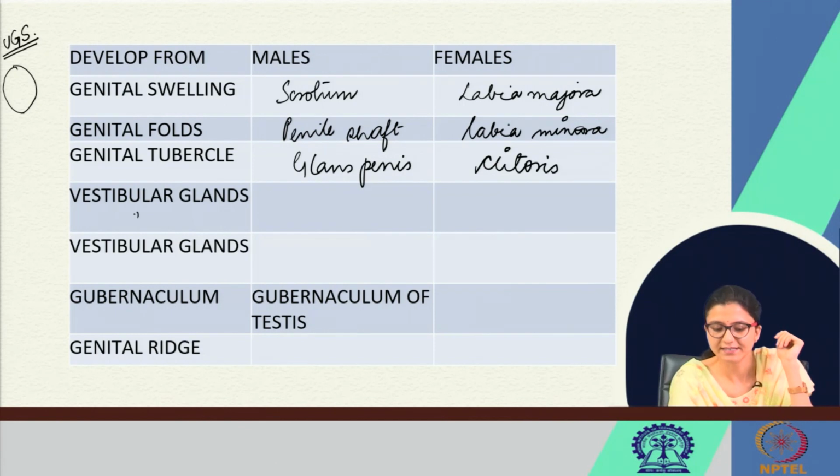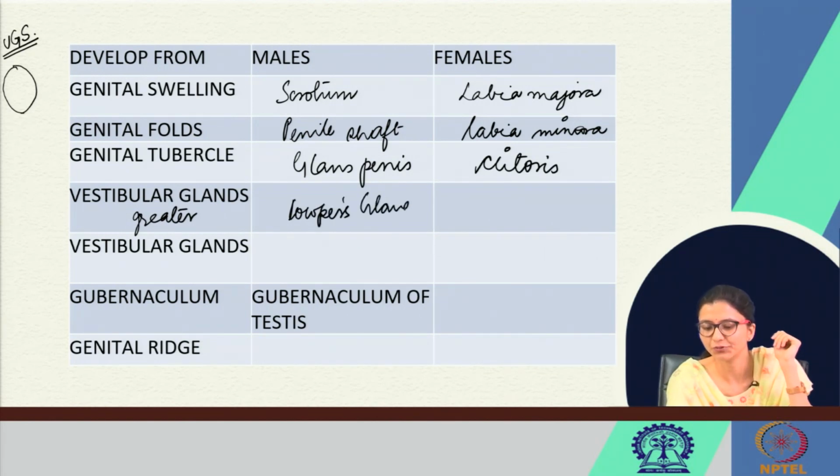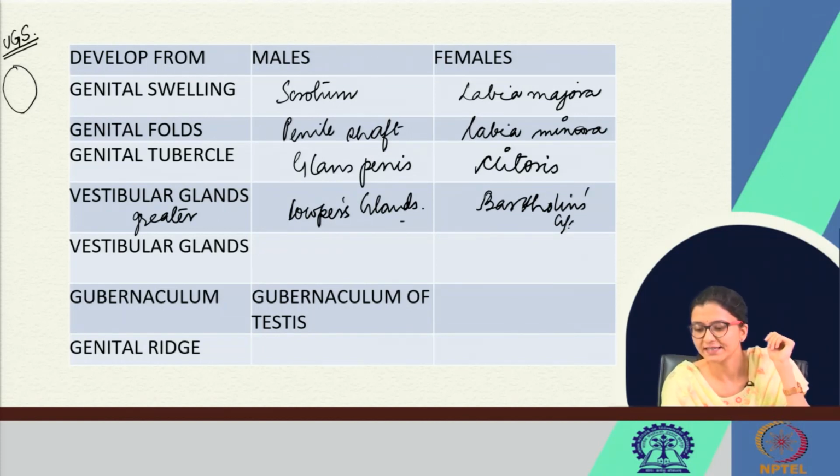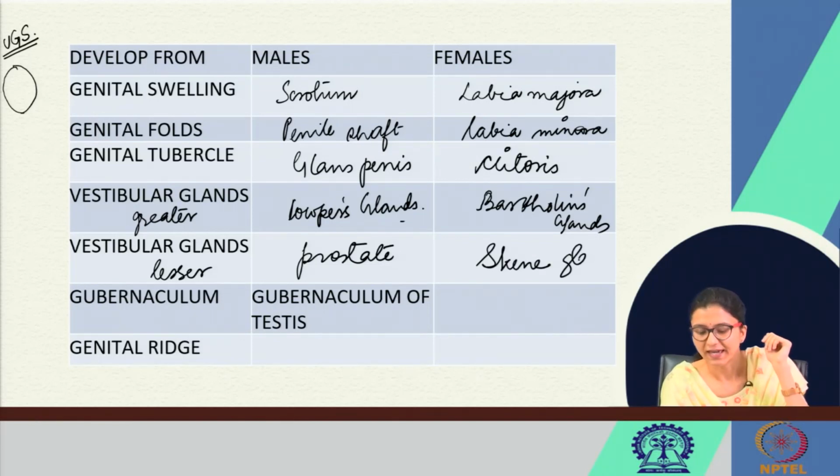Greater vestibular glands in males will form the Cowper's gland, or they are known as bulbourethral gland, and in females they are known as Bartholin's gland. Lesser vestibular gland in males will form the prostate, and in females they will form the glands of Skene.